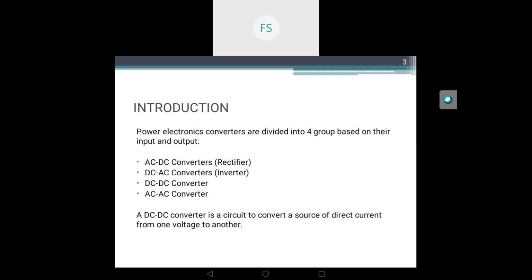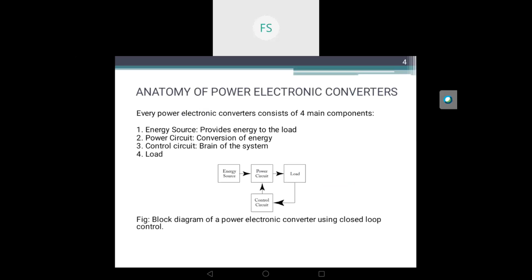Now let us move into the anatomy of power electronic converters. Every power electronic converter consists of four main components which I have listed. The first one is the energy source. The second is the power circuit. Third, control circuit. And fourth, the load.